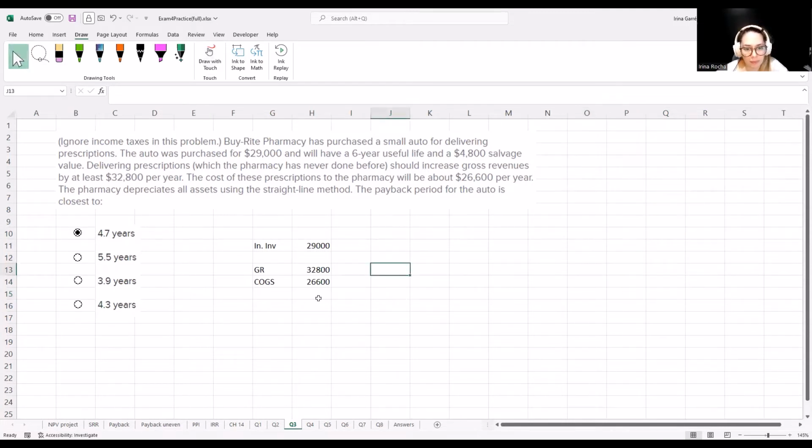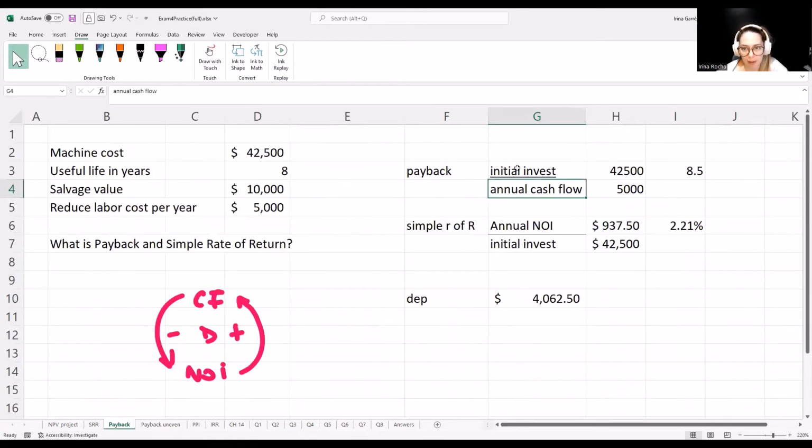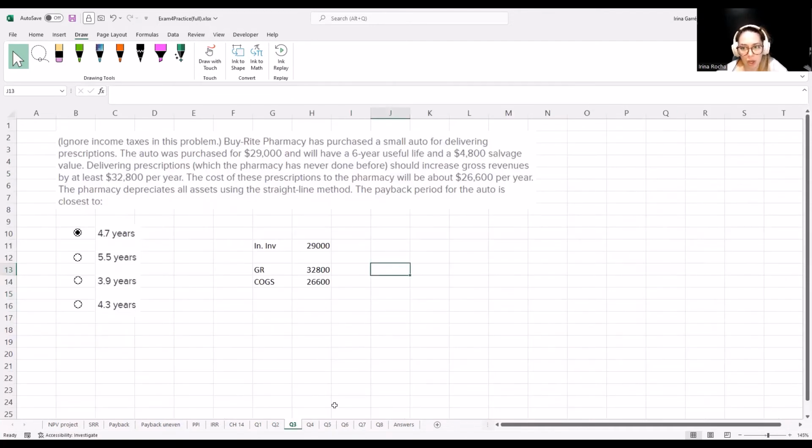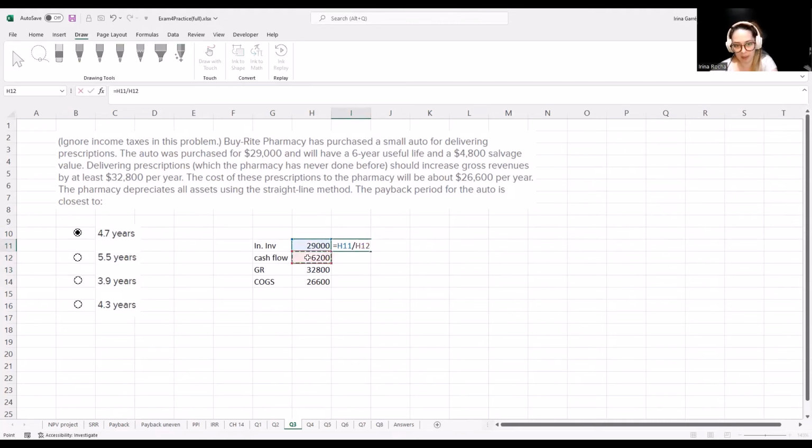So what I know is payback is initial investment divided by annual cash inflow. So my initial investment is this, and my cash inflow is whatever I'm going to make minus my cost of goods sold. So if I take this and divide it by this number, I'm going to get 4.7 years.